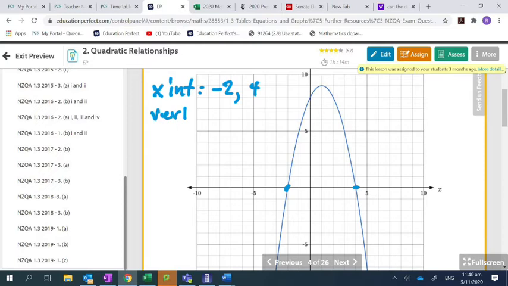The vertex is 1, 9. Okay? All right. And up or down? Down. Which tells you that the thing in front of your brackets is going to be a negative. Okay? All right.